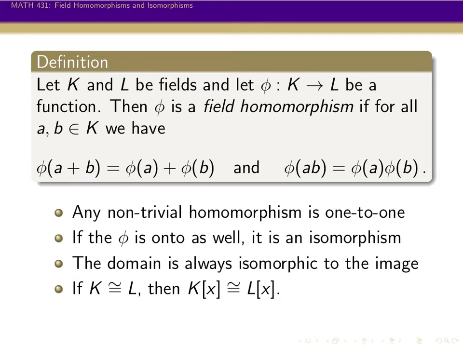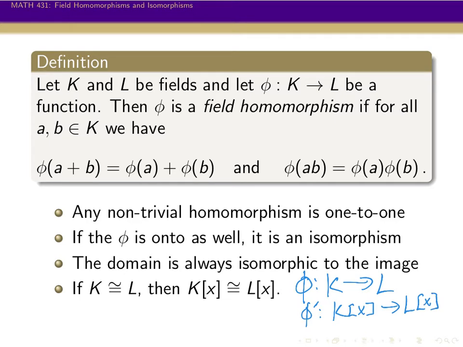And last but not least, if we have two fields K and L that are isomorphic, then if we look at the polynomial rings over them, those are going to be isomorphic as well. So if you have some isomorphism phi from K to L, then you can create an isomorphism between the polynomial rings. Let's call that phi prime, going from K adjoin x to L adjoin x.